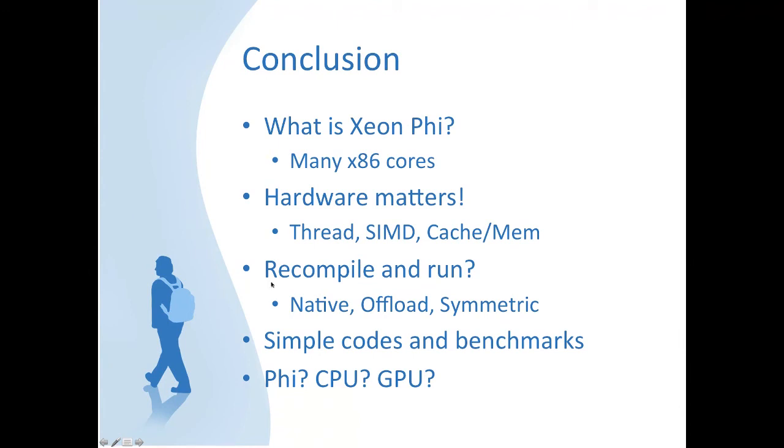And I have already introduced the running models: how to run native mode, how to run offload mode, and then symmetric mode. I'll also give you some OpenMP, OpenCL and MPI code here, and some suggestions about how to choose between the Xeon Phi, CPU and GPUs.